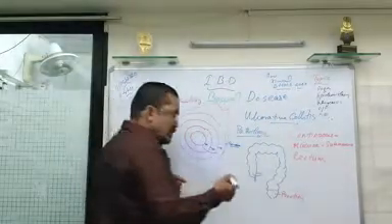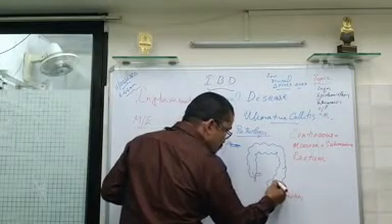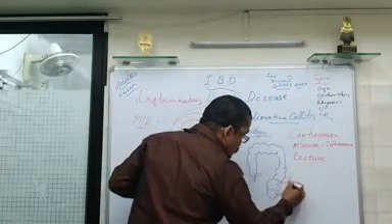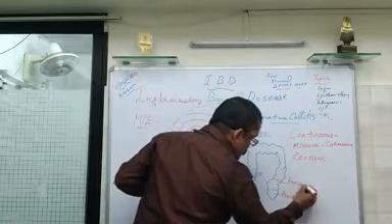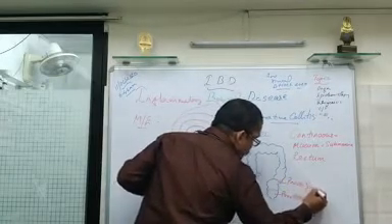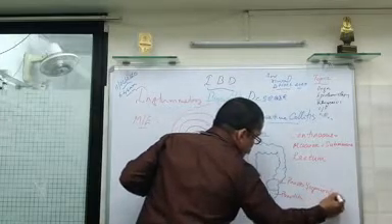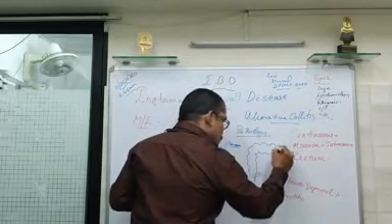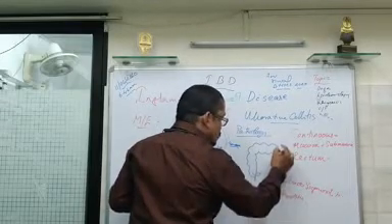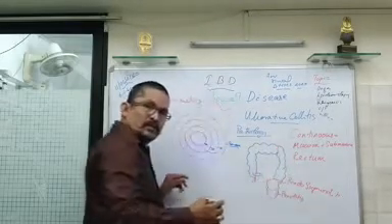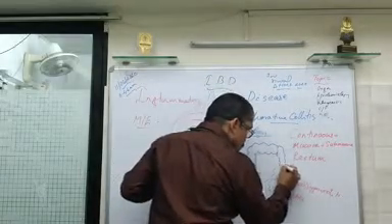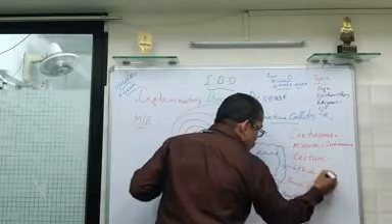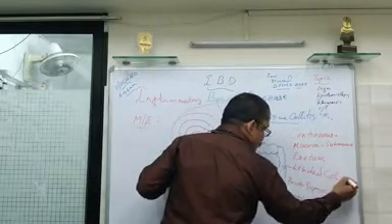When the inflammation extends to the sigmoid colon, it is proctosigmoiditis. When it extends from the rectum to the left side colon, it is left-sided colitis.